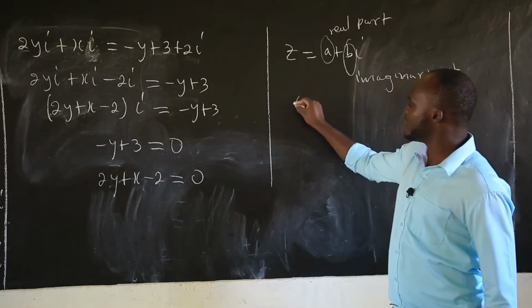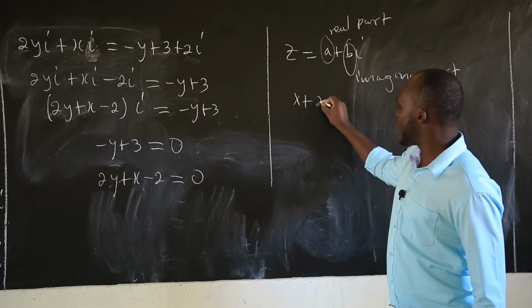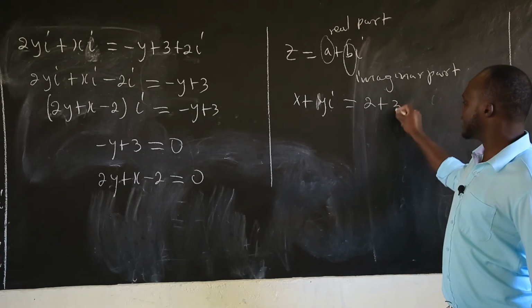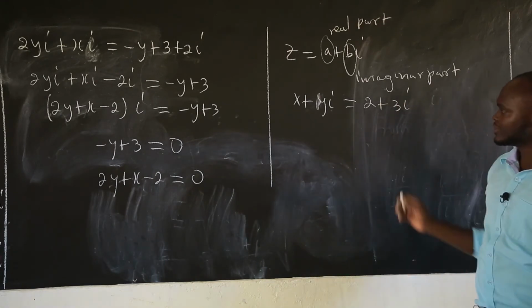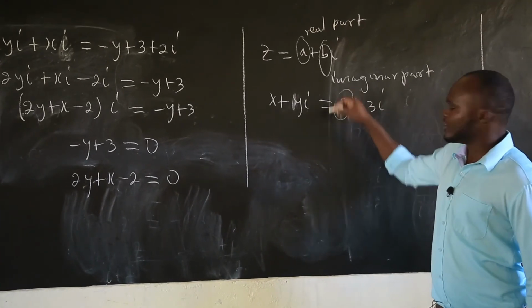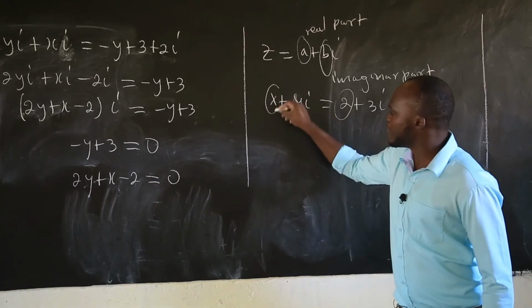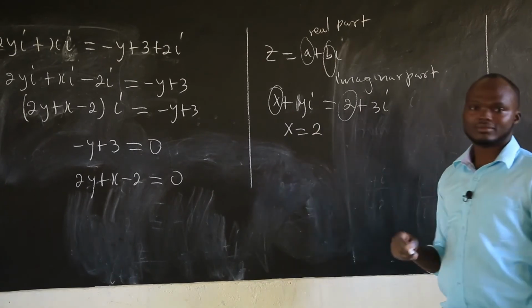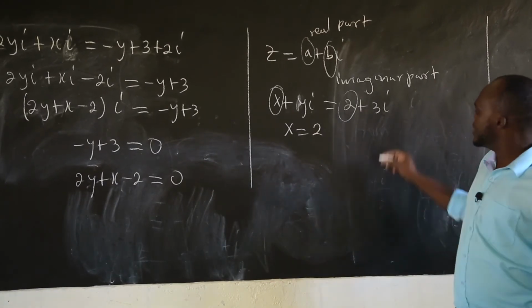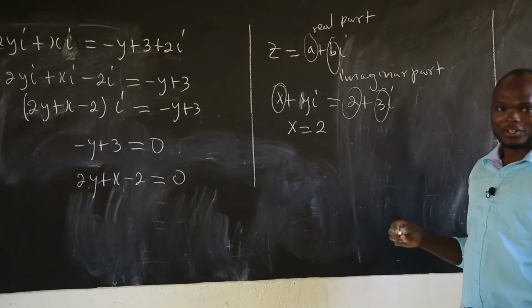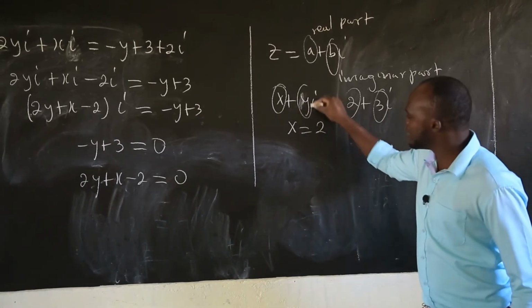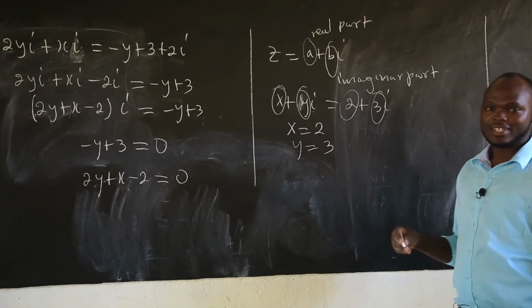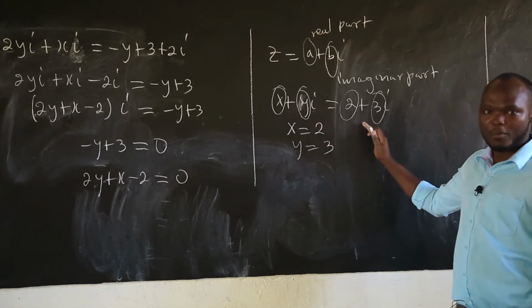It's like when you have x plus yi equal to 2 plus 3i, for example. So this is the real part on the right-hand side and this is the real part on the left-hand side. So our x will be equal to 2, which is the equality of complex numbers. This is the imaginary part on each side, so y will be equal to 3.